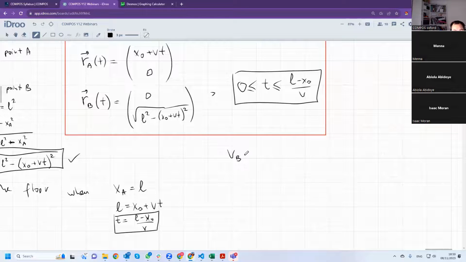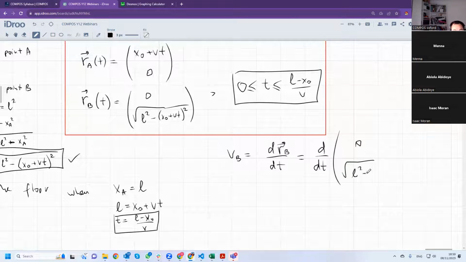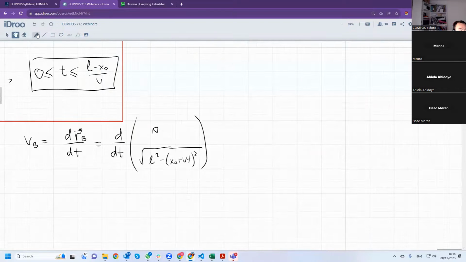So velocity of end B is the derivative with respect to time, it's the derivative of this. So it's derivative of 0, square root L squared minus x0 plus Vt. We are going to do derivatives next week. Yeah, so the next topic, next assignment is derivatives. That's 0.